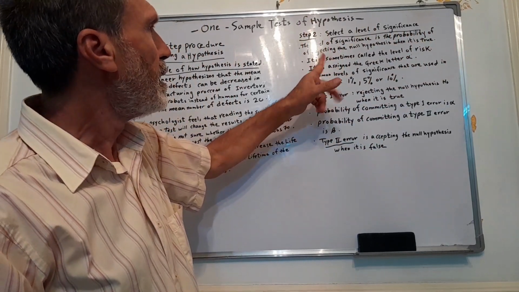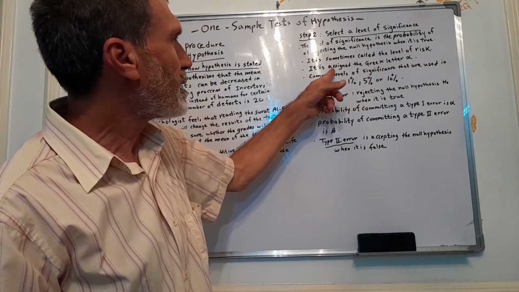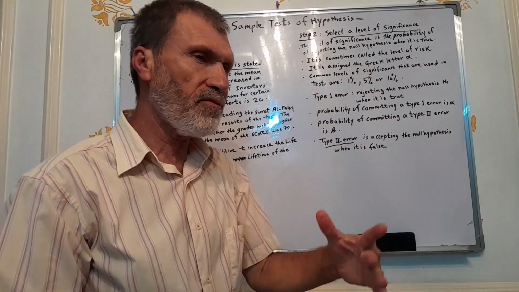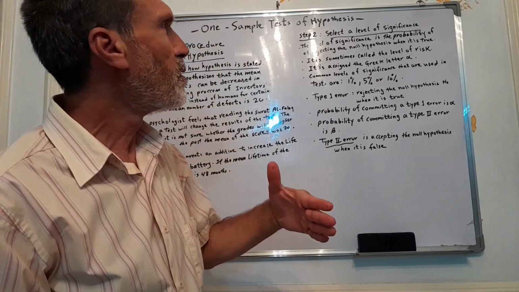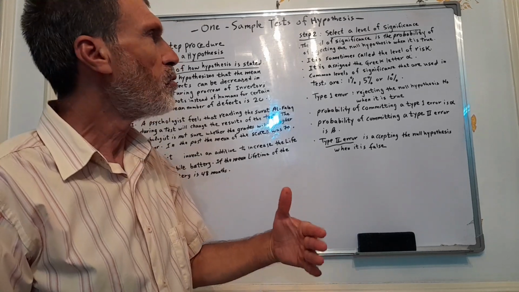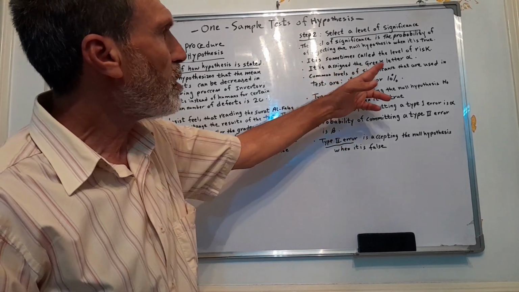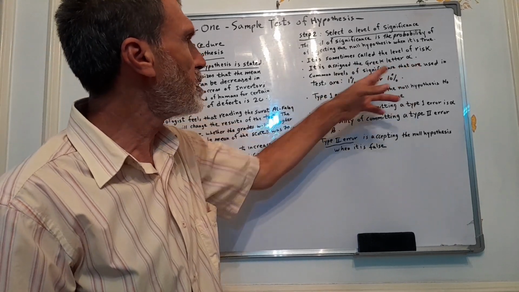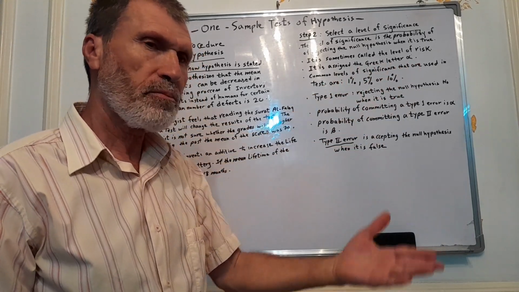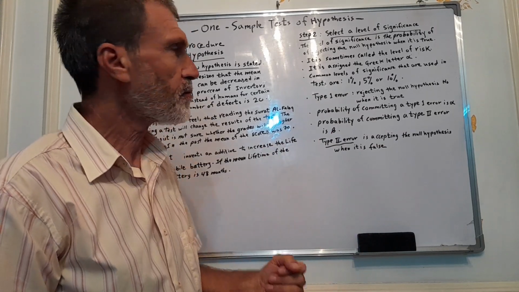It's sometimes called the level of risk. It is assigned the Greek letter alpha. So alpha is the probability of rejecting the null hypothesis when it is true. The common levels of significance used in tests are either 1%, 5%, or 10%.